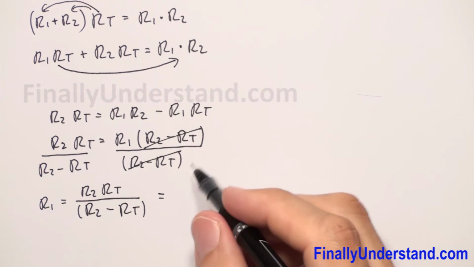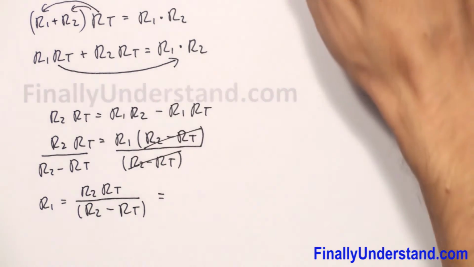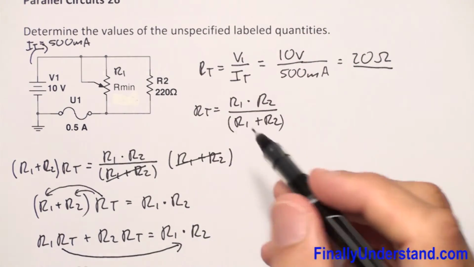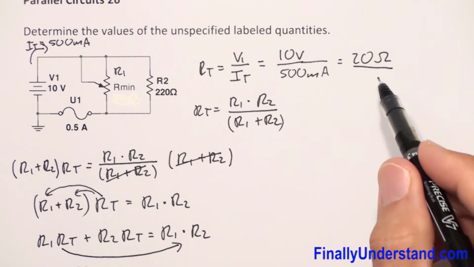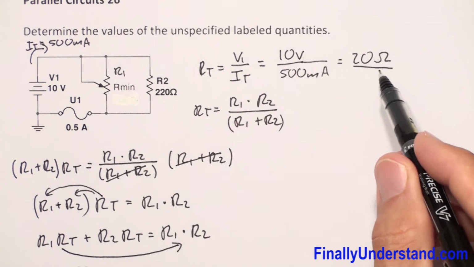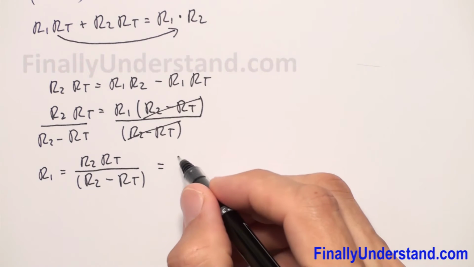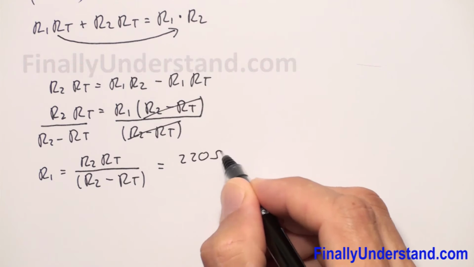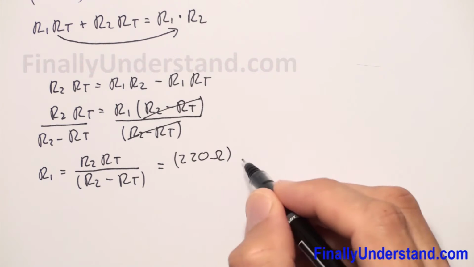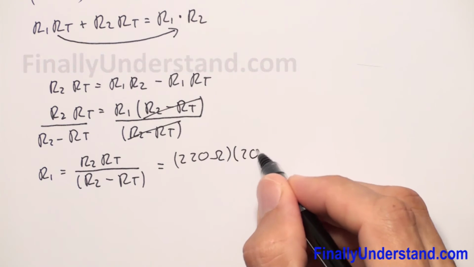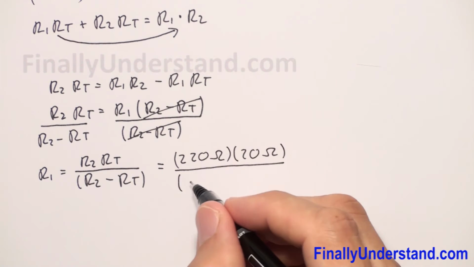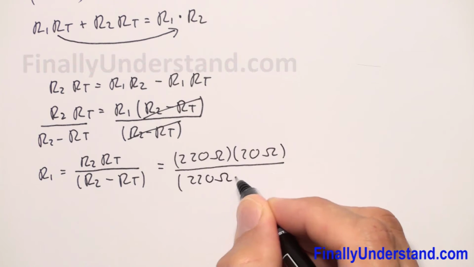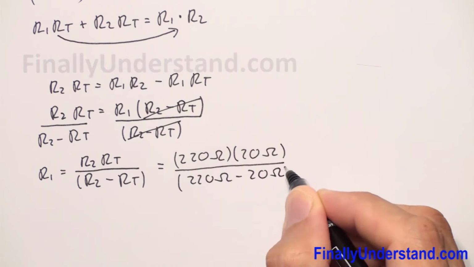R2 has the value of 220 ohms, and R total is equal to 20 ohms, so I have 220 ohms times 20 ohms over 220 ohms minus 20 ohms.